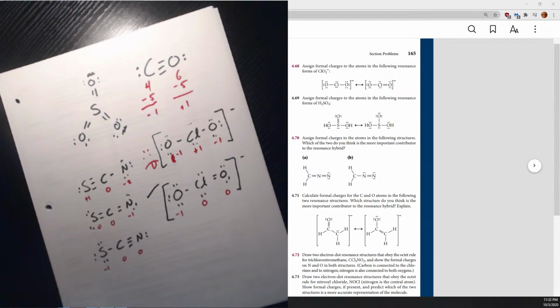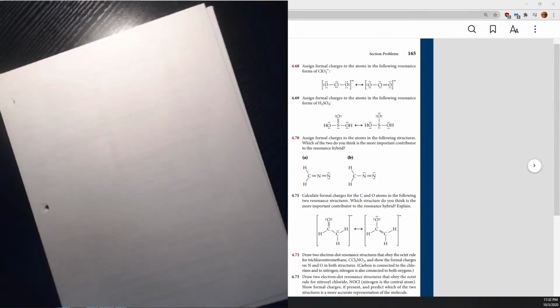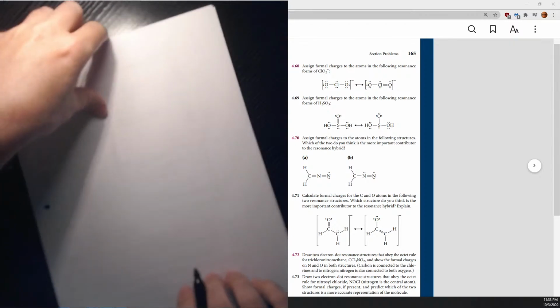All right, 70. Assign formal charges to the atoms in the following structures. Which of the two do you think is the more important contributor to the resonance hybrid? Well, obviously the one on the left. It has the stable octet, you'd think.